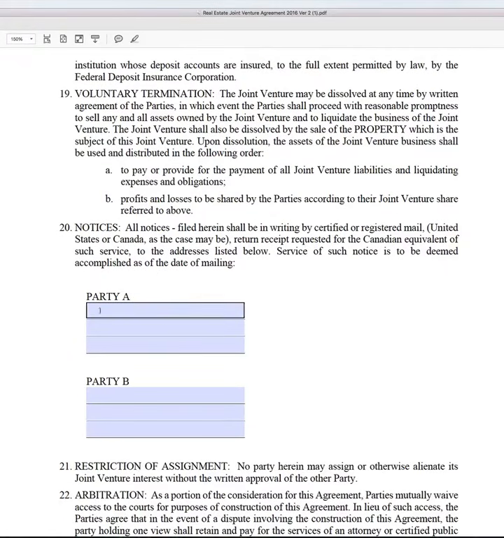And then notices. Here you're going to put in the information for Party A and Party B, their address, attention who. So if you have to send notice to someone, this is where you can reach the various parties.